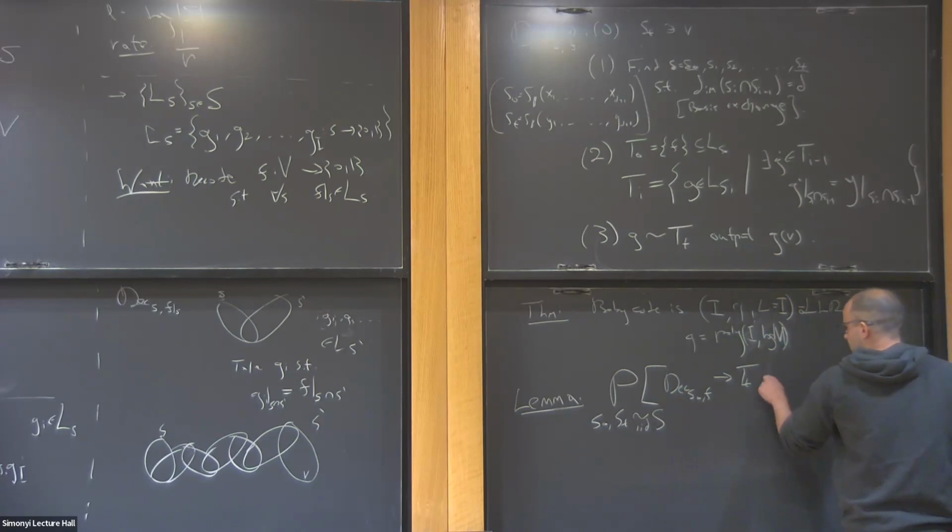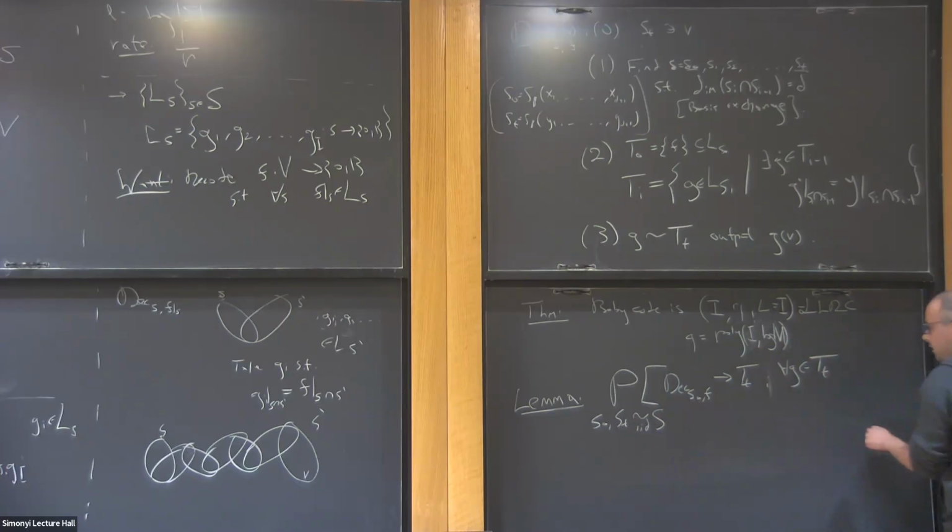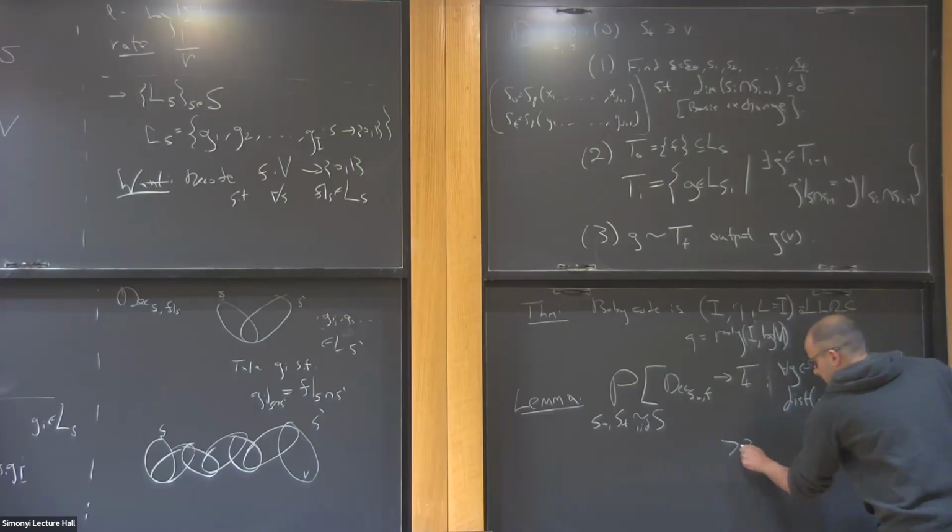I want the probability that every function in T is very close to F. I want this to happen with very high probability.